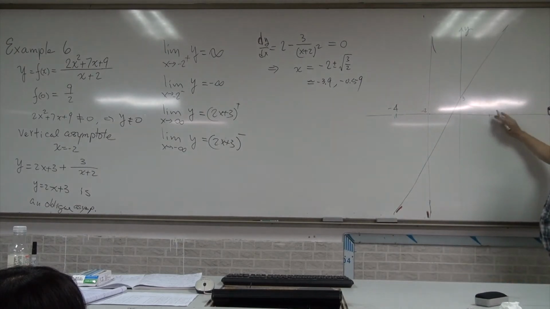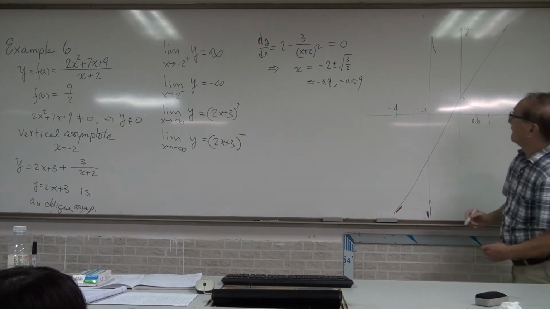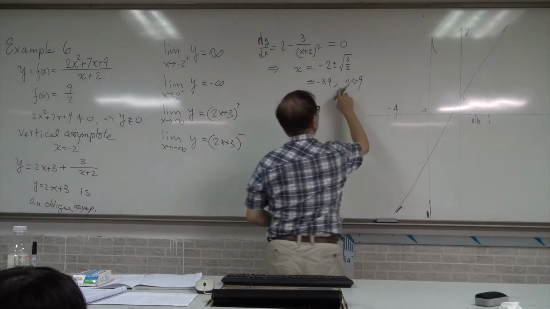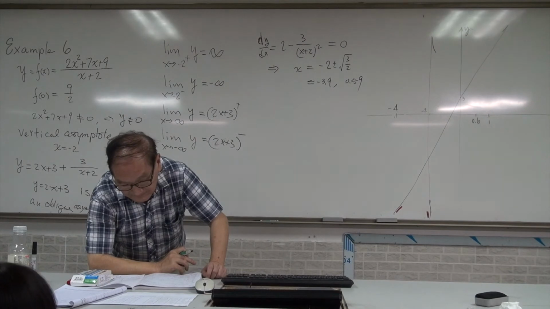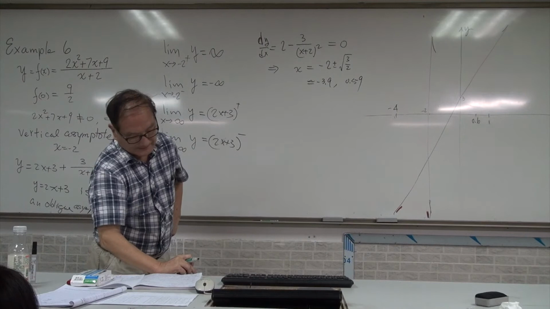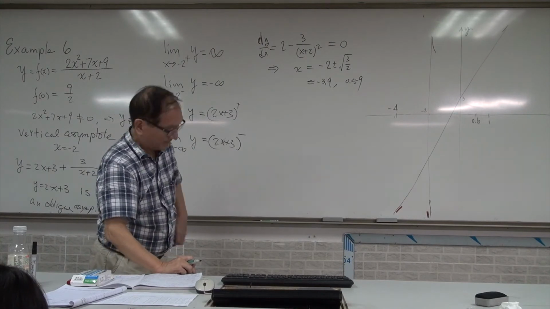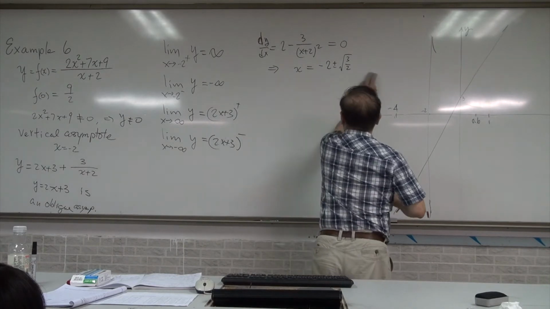This is 0 point. This is 0. This is a 1, 0.6. Okay. How do we have negative? I think I miscalculated. This is not right.